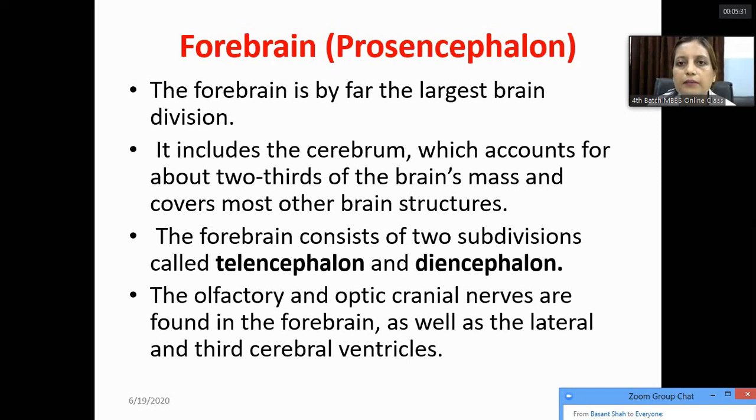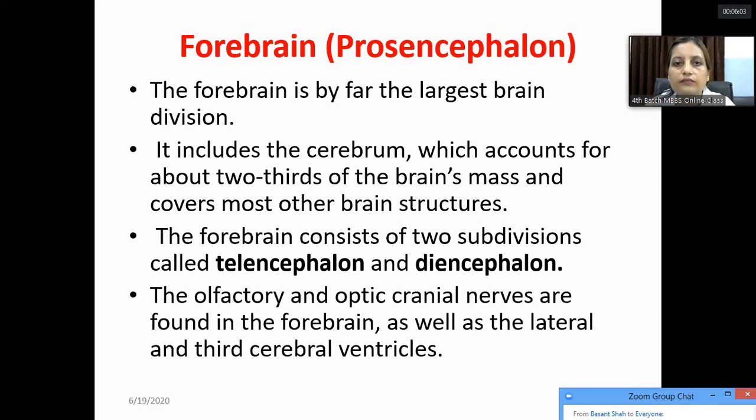The forebrain is by far the largest brain division, and it includes the cerebrum, which accounts for about two-thirds of the brain mass and covers most of the other brain structures. It is subdivided into telencephalon and diencephalon. Olfactory and optic cranial nerves are found in the forebrain, as well as the lateral and third ventricles.